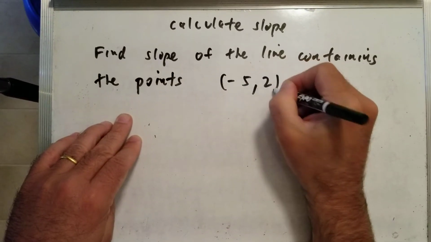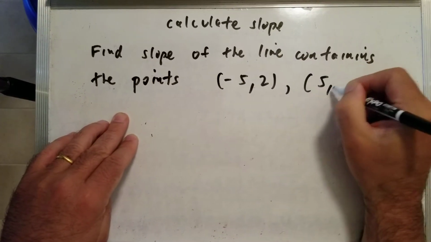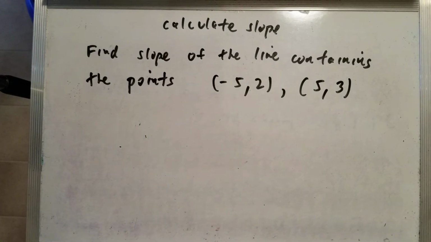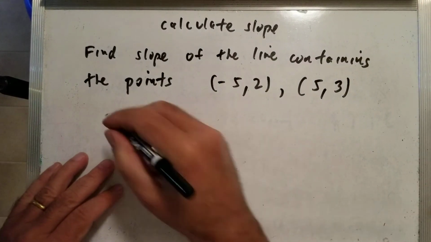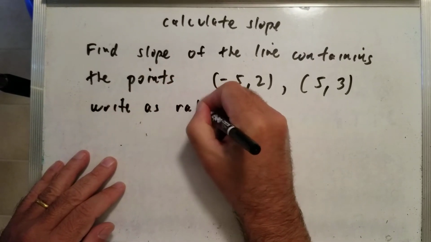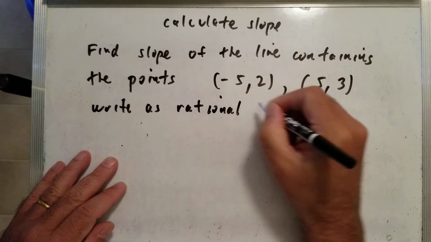And for the first part, they want to write the slope as a fraction or rational number.